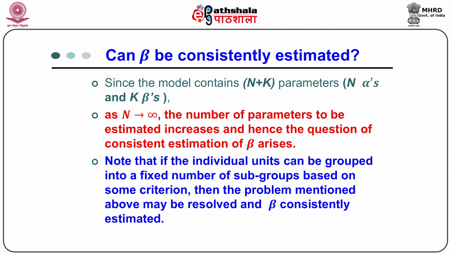So, if one can group the observations into different subgroups based on some definite criteria, then the problem of estimation can be resolved and one can get a consistent estimate of beta.